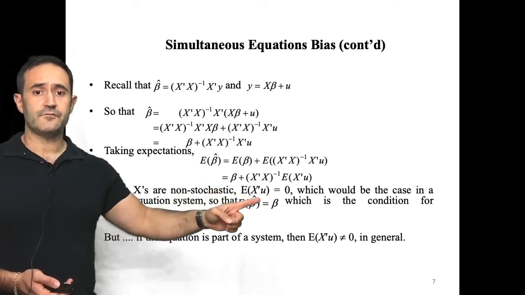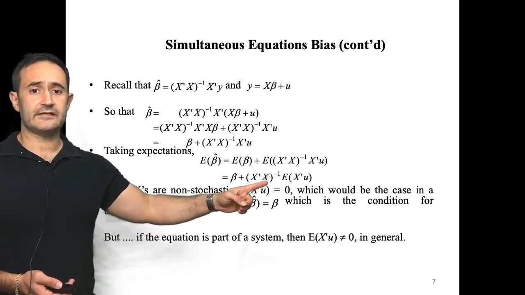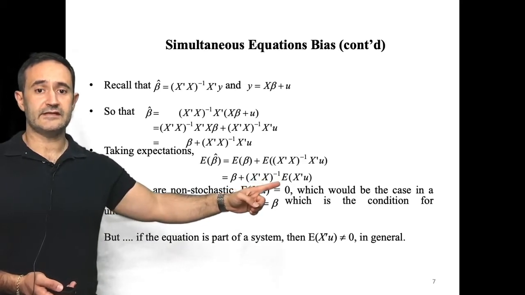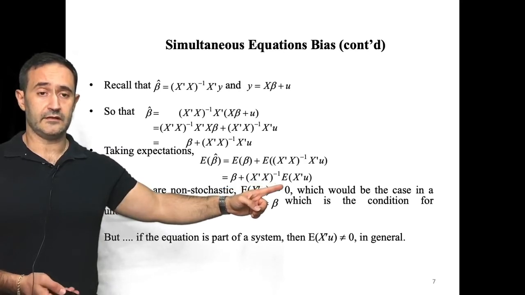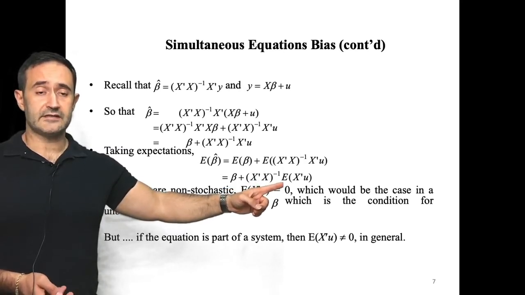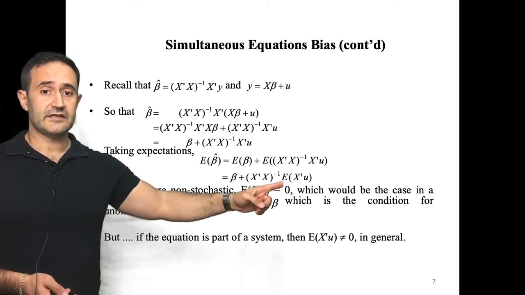Now if this something else is 0, that means that U, the error term, and X, the variables, are not correlated, then this disappears.